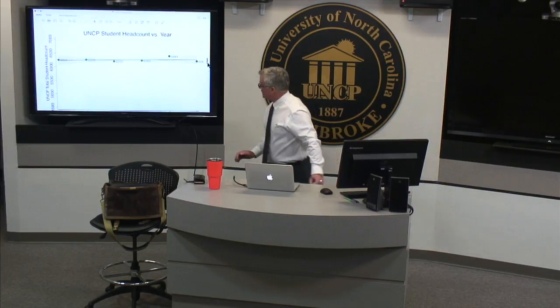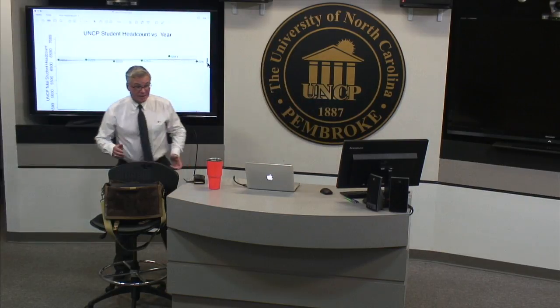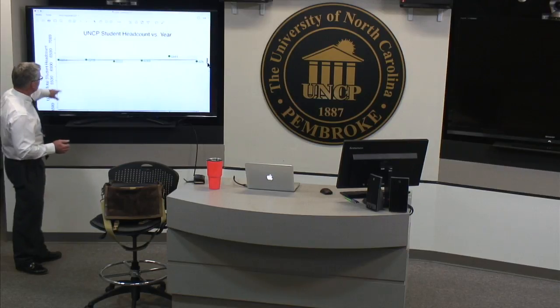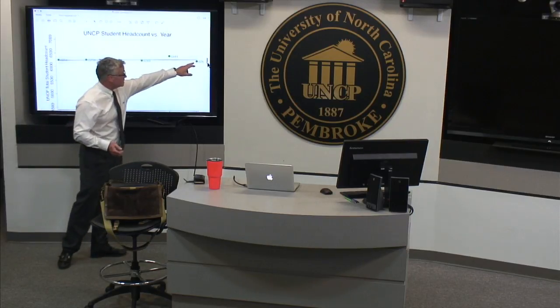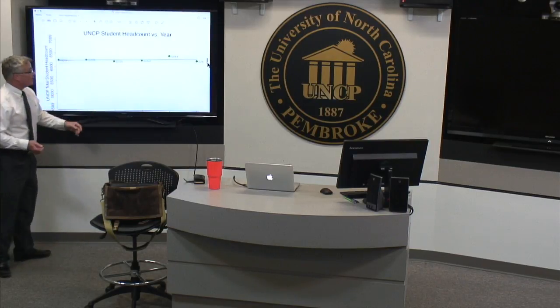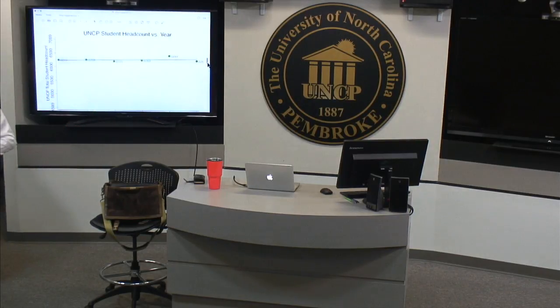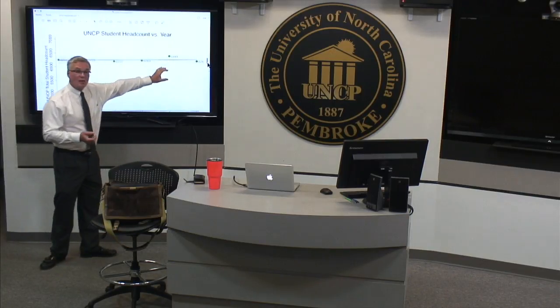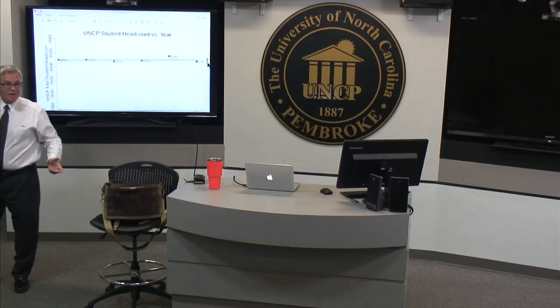This is the plot of our flatline area. So our student head count from 2011 through 2016. And so we can see this is effectively zero. What did we say when we have a line or a slope that approaches zero? What does that say about our data?